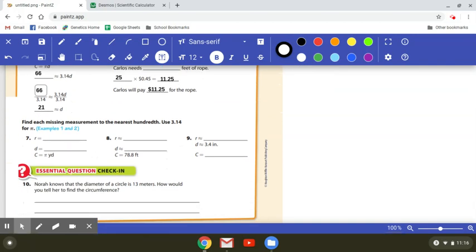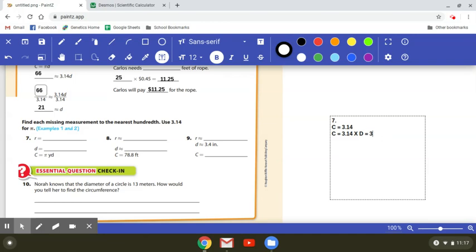All right, find each measurement to the nearest hundredth. Again, this is a tricky one because what they're trying to say is that the circumference is equal to 3.14 yards. So what times 3.14? I'll put it over here. So C is equal to 3.14. And the circumference is always equal to 3.14 times the diameter, right? So that means that the only thing that you can multiply a number by to get itself is going to be 1.